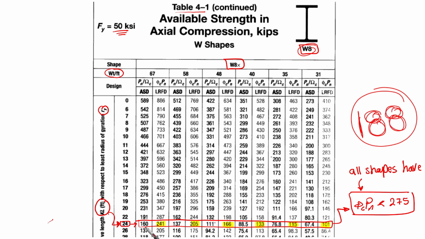If you look at this line, you're not going to find anything related to ASD. Look to the maximum even here, which is the highest one. Look here, it is 160. So this means that this cross section would not work for us.